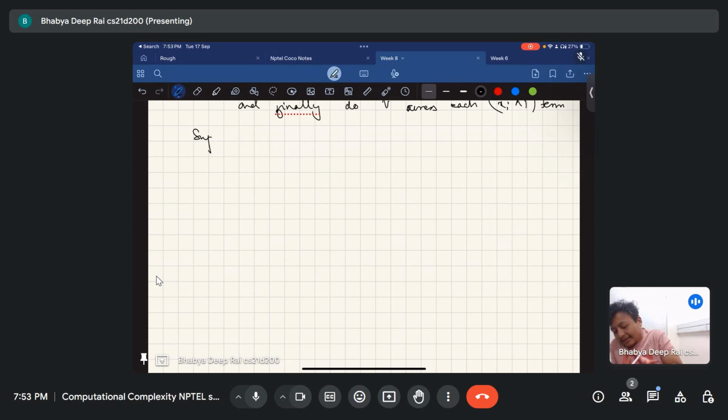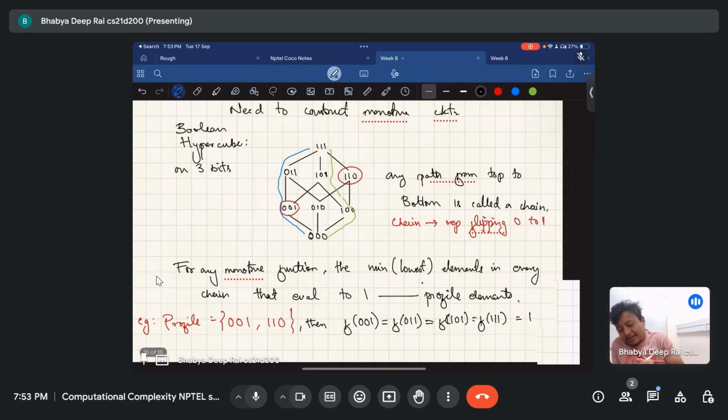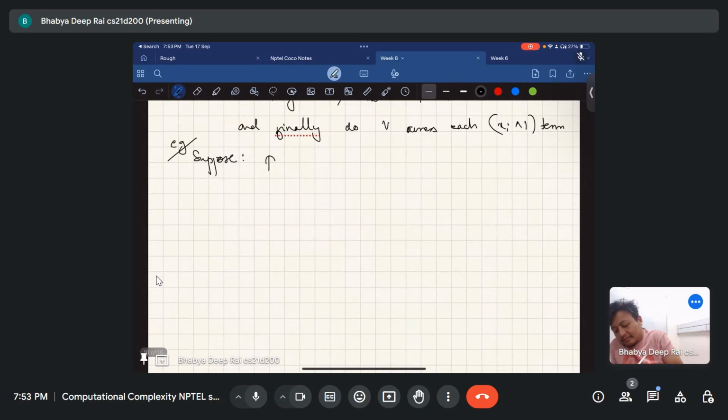Suppose again the profile elements are 001 and 110. The idea is that this is x1, x2, x3.